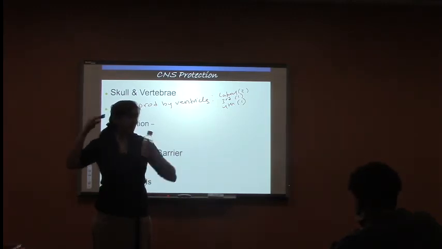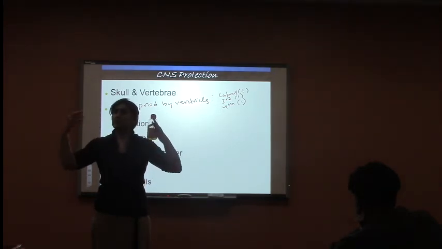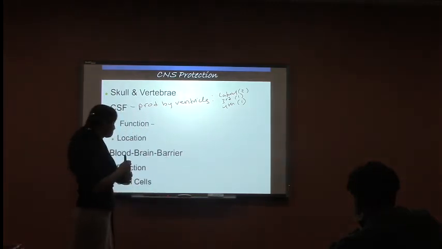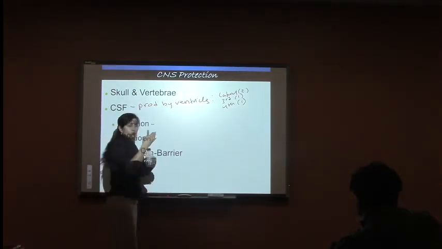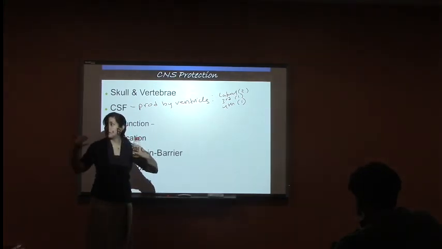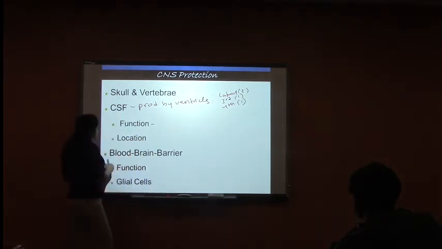Does it happen? No, because you have a fluid. So when you're bouncing, the shock is absorbed by that cerebrospinal fluid. It also creates a barrier between the brain and the skull, because anything that enters has to go through the cerebrospinal fluid. So main is protection.